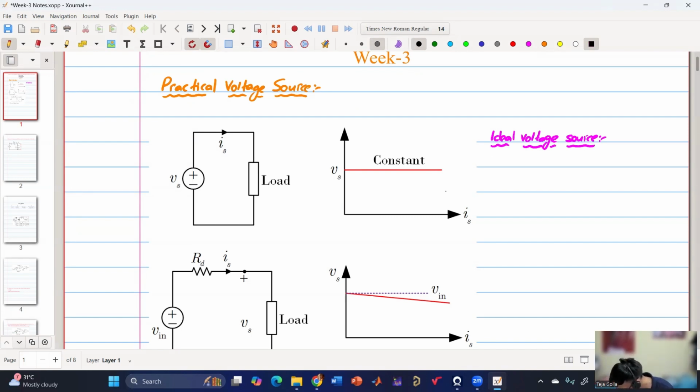So here we can say that the voltage remains constant with respect to the load current.